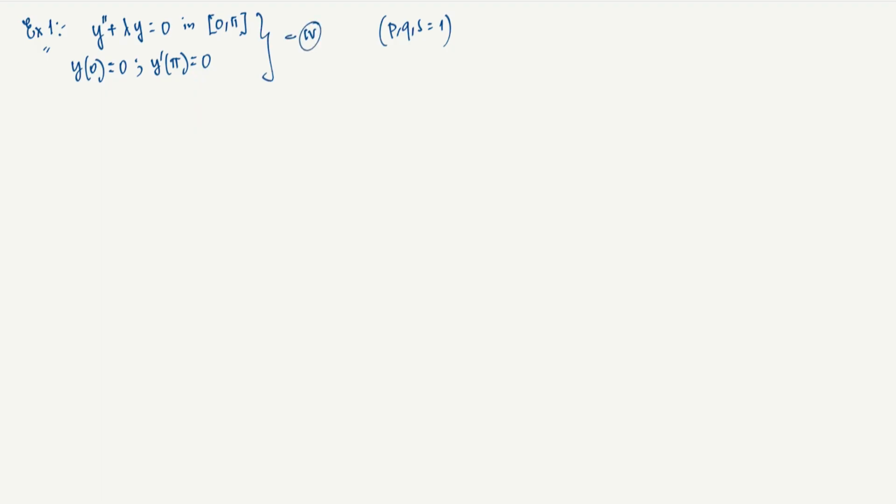Okay, we want to solve this problem. So what do I mean by solving this problem? We need to show whether there are some lambdas for which there is a non-zero solution. Of course, y equals 0 is always a solution for any lambda, as you can check. Now, of course lambda is complex in general, but we will restrict ourselves to only real values for now.